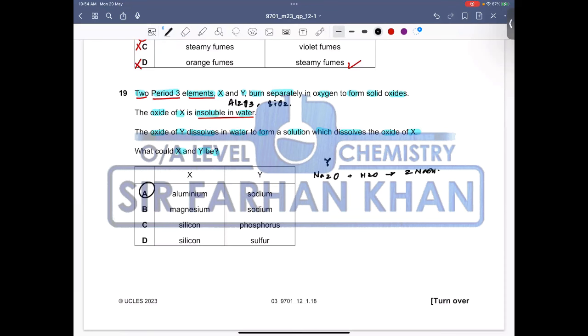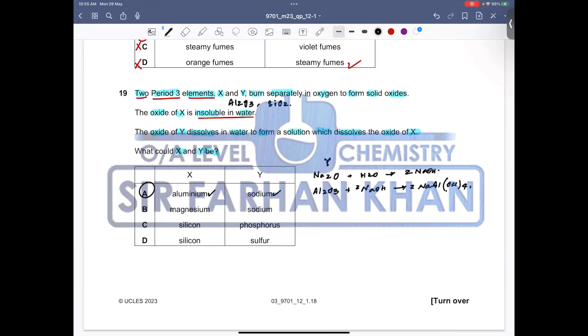Now, if aluminum is X and it forms aluminum oxide, you guys know that it is an amphoteric oxide. An amphoteric oxide can react with sodium hydroxide, and obviously it will give you sodium aluminate, which means this is going to be the correct one.